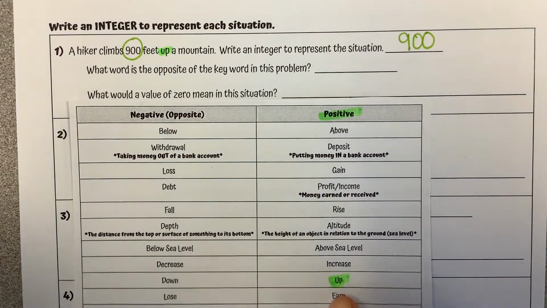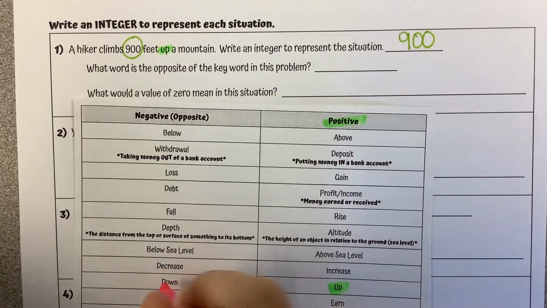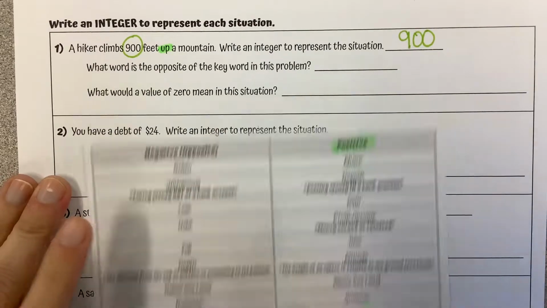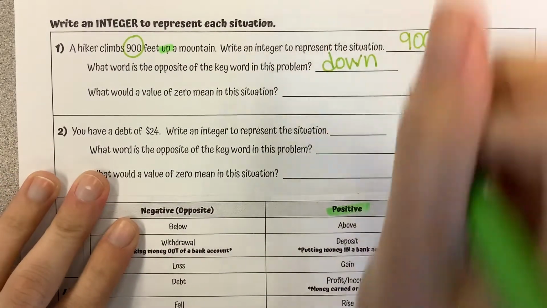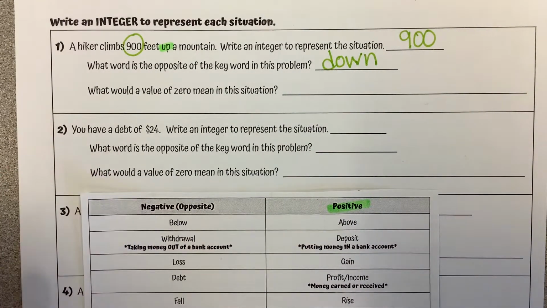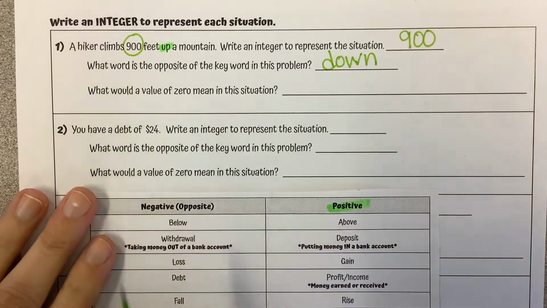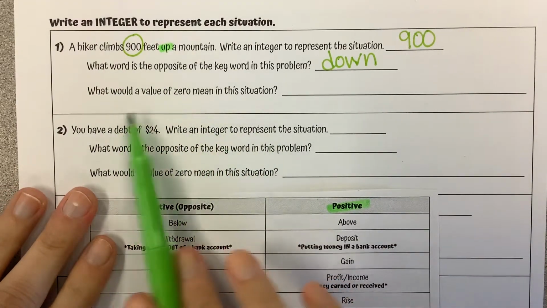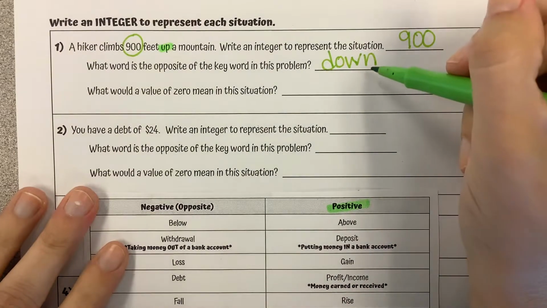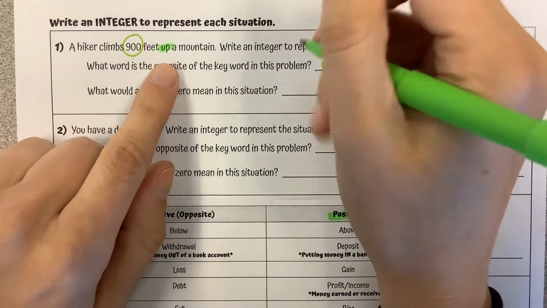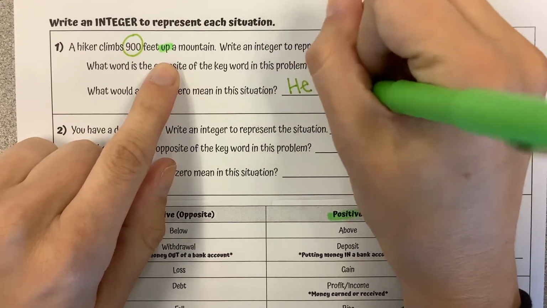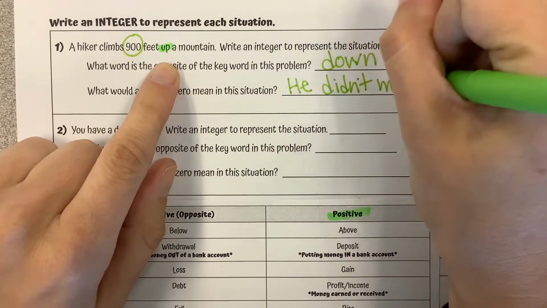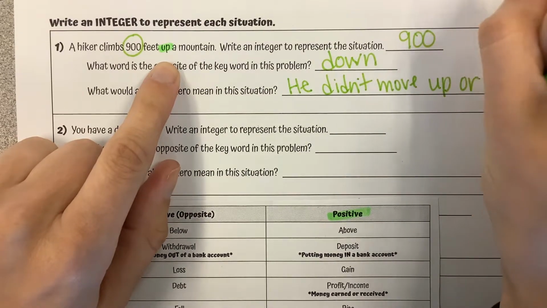Then it says, what word is the opposite of the keyword? So I'm looking at up. The opposite of the keyword is down, right? So when we're talking about zero and what it might mean in this situation, so someone's climbing up a mountain, well, zero means, and I'm just going to use my two words, up and down, he didn't move up or down.